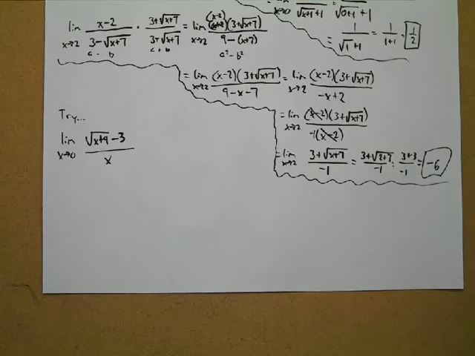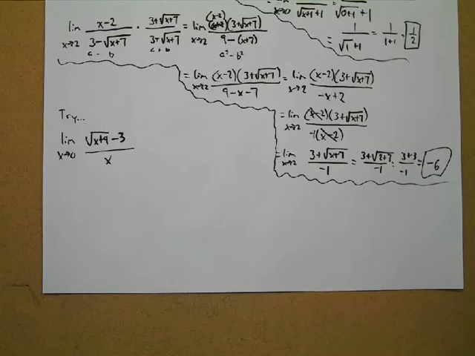You could FOIL it out, or you could just say it's the square root of x plus 9 squared, which is x plus 9. Then negative 3 times positive 3 is negative 9. And then the plus 3 times the square root of x plus 9 and minus 3 times the square root of x plus 9 cancel out to 0.